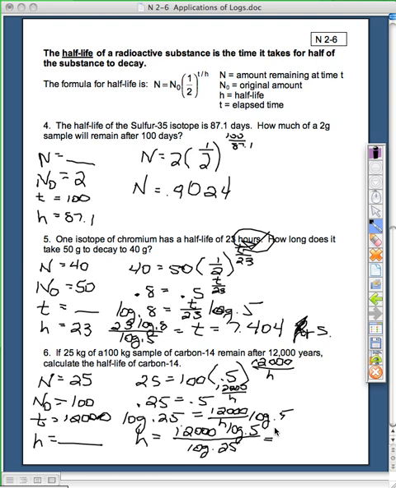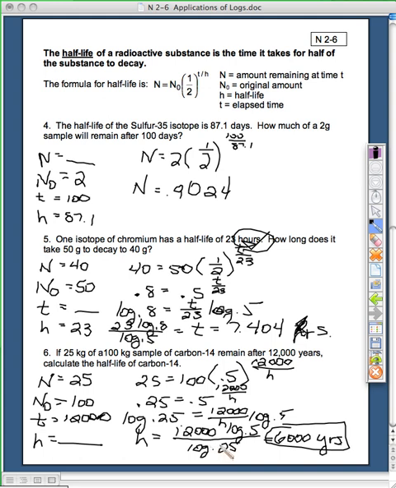And that comes out to be 6,000 years. You could almost logic through that one because half of a half is a quarter. So half of it was gone in 6,000 years, and another half, down to 0.25, was gone at another 6,000 years. Okay, so that's how you do half-life and compound interest.